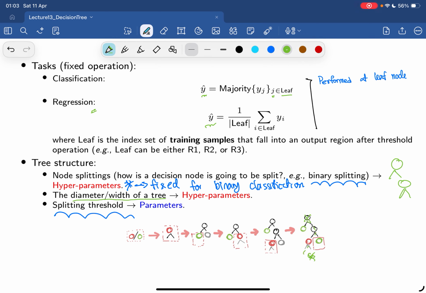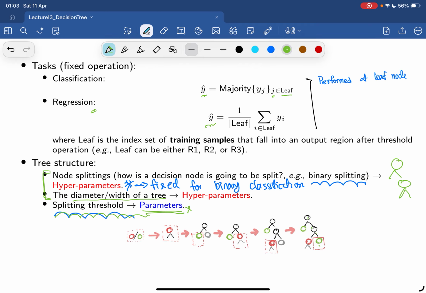It is another hyperparameter that decides how many times you want to do splitting. Let's say if you further do splitting, how far the splitting would go. And the splitting threshold is actually a model parameter. These two are hyperparameters, and this one is a parameter. For the hyperparameters, they are the parameters that you have to set before running the algorithm.